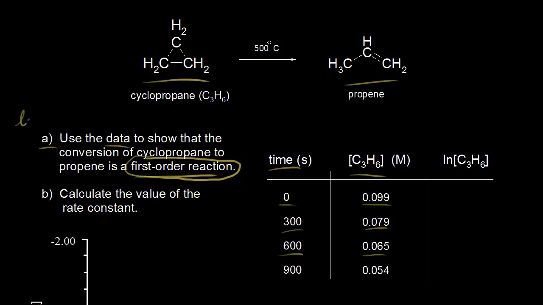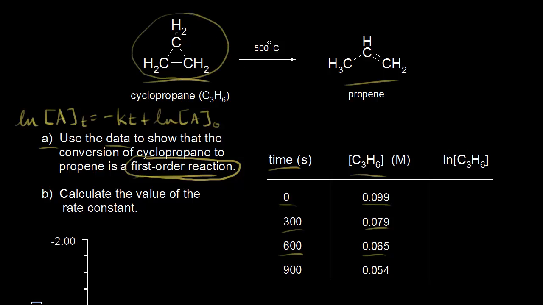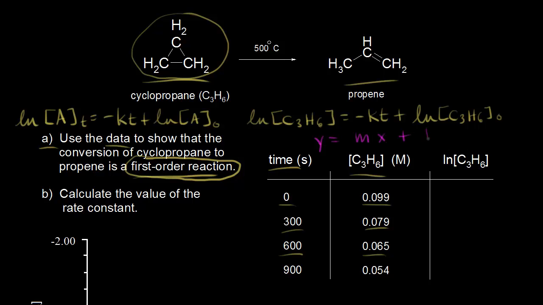In the previous video, we showed that the natural log of the concentration of A is equal to negative kt plus the natural log of the initial concentration of A. For this reaction, A is cyclopropane, so we could write this as the natural log of the concentration of cyclopropane, C3H6, is equal to negative kt plus the natural log of the initial concentration of cyclopropane, which, as we also talked about in the previous video, follows the form y = mx + b.